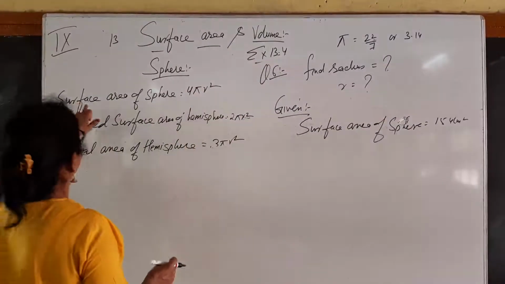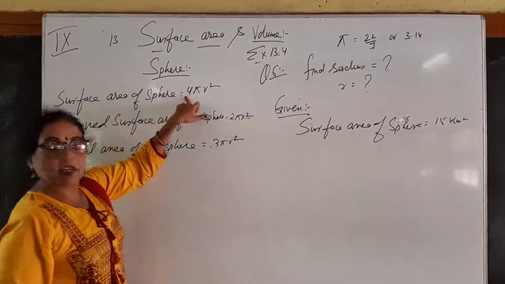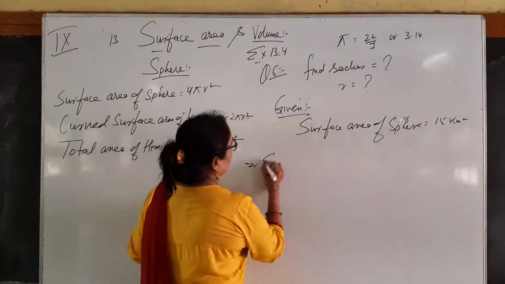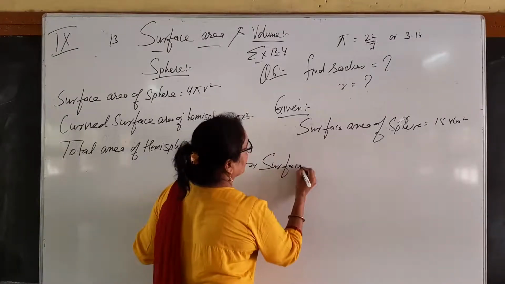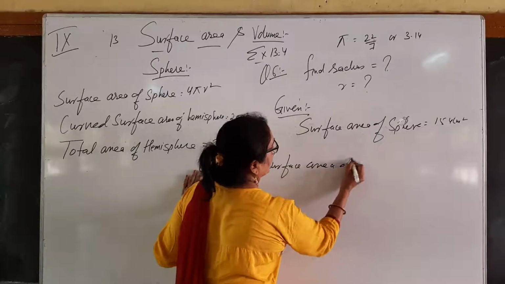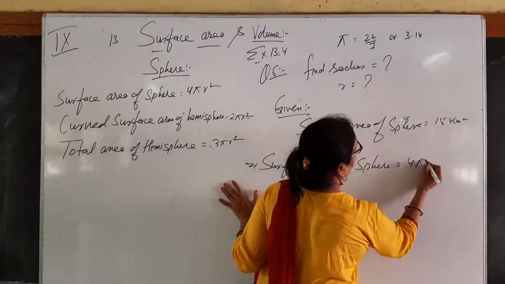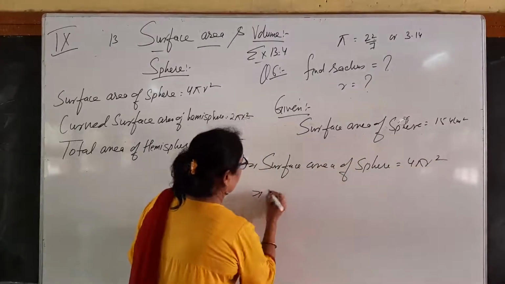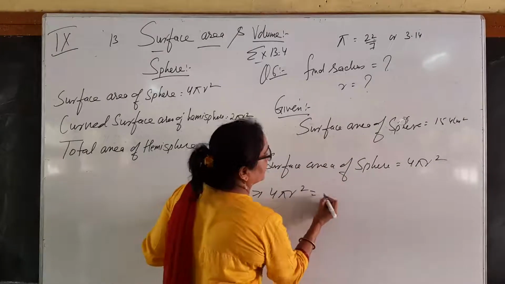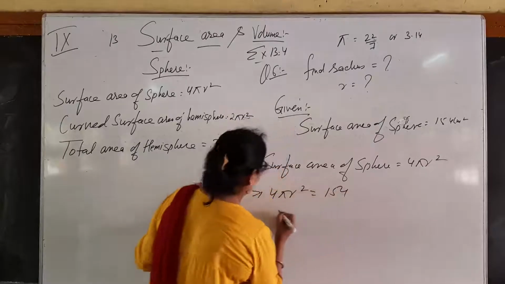Now, surface area of this sphere is 4 pi r square. So we have to write the formula. So surface area of sphere is equal to 4 pi r square. So we can write 4 pi r square equal to 154.